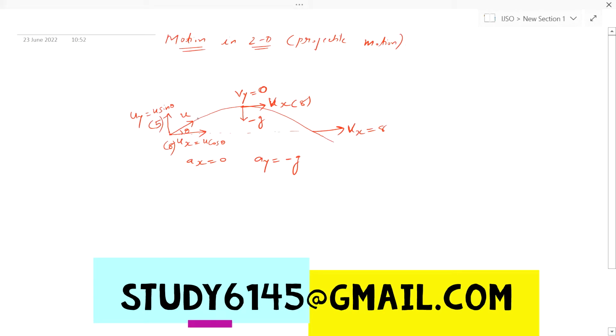At this point it would reduce because the acceleration is in the negative direction. Suppose over here it's 4, then it will become 3, and at the topmost point it will become 0, and then again it will increase. So all these concepts are here.